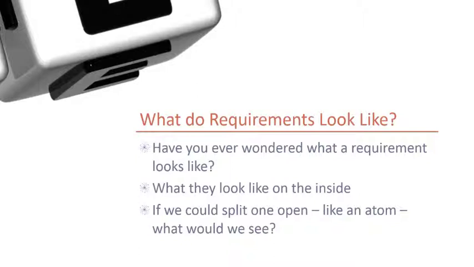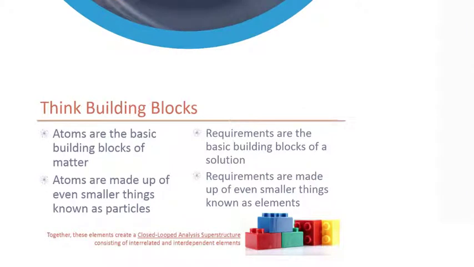For me, a requirement is more like an atom. If you could split one open, what would it look like? What would you see inside? Think building blocks. Atoms are the basic building blocks of matter. Atoms are made up of even smaller things known as particles. Think about requirements as the building blocks of a solution for all things that matter to an organization.